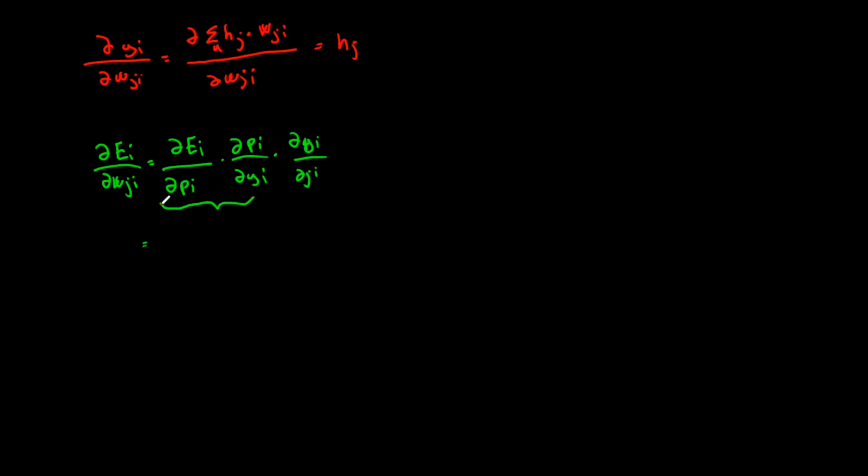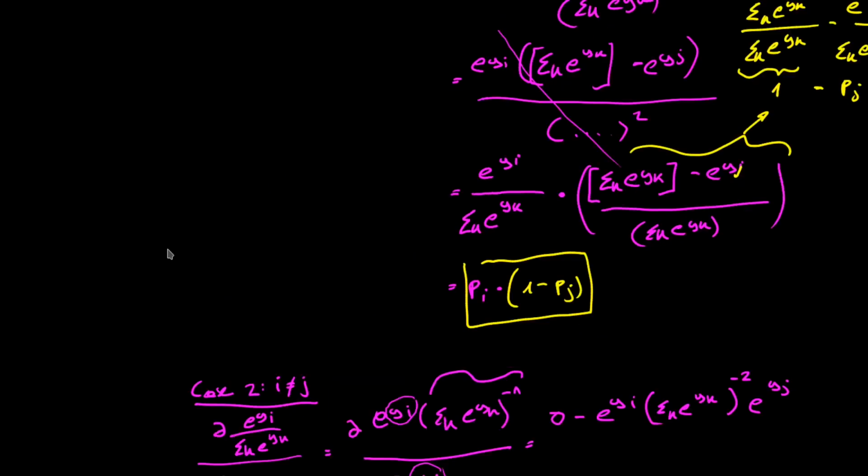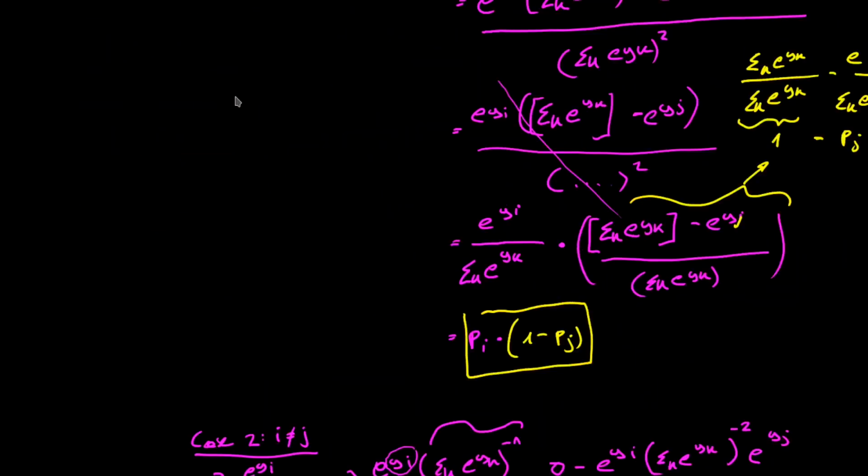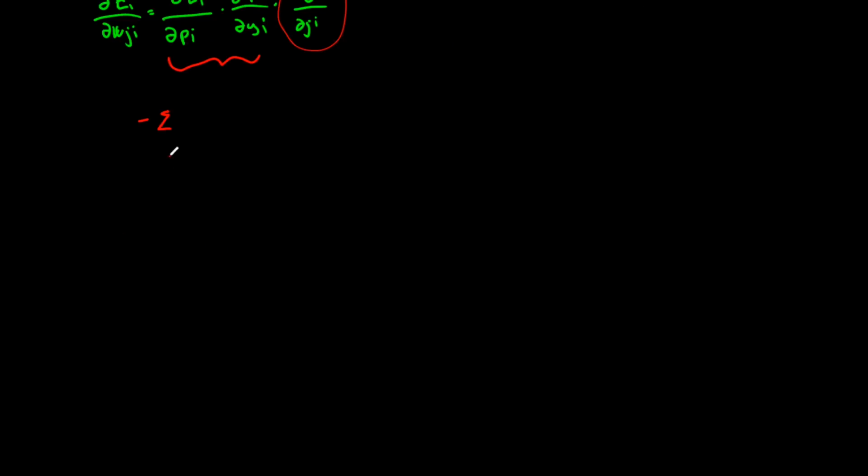So let's do first this part and then we're gonna add this final part. So this becomes, remember this first derivative was just the summation over k of minus t_k divided by p_k, so minus summation over k of t_i divided by 1 over p_i.